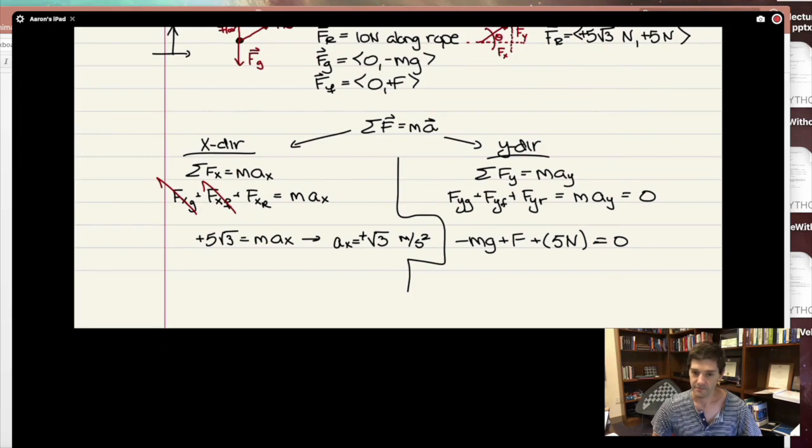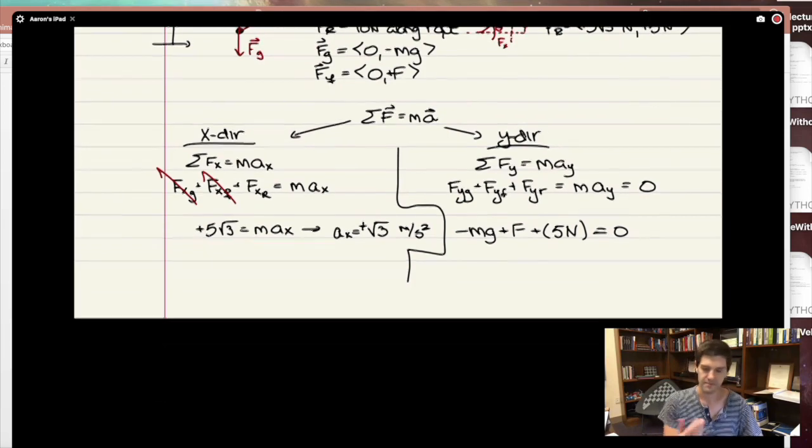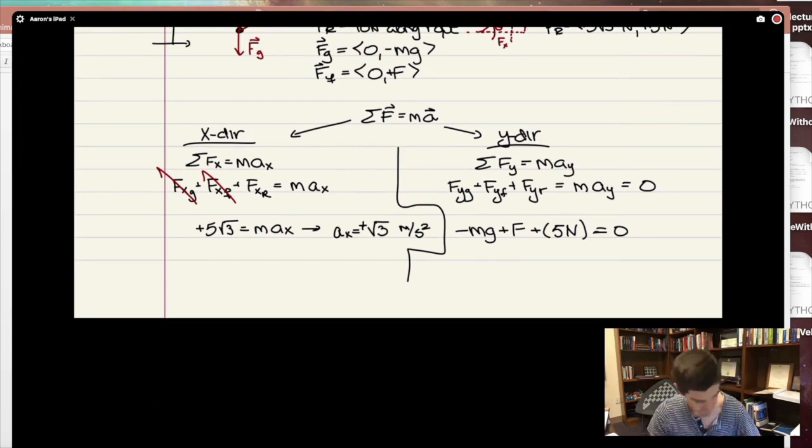So essentially what we're solving for here, I know m, I know g, I know 5. In order to make sure that the box does not leave the floor, what this is telling us is that the floor itself must be exerting a force equal to plus mg minus 5 newtons, which in this case is positive.